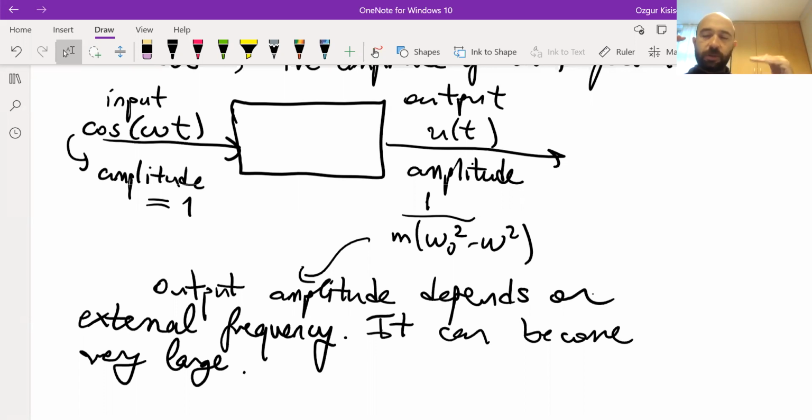Okay, but then there is this external thing coming, right? You could have different waves, like one wave and another wave much faster. The slower one has lower frequency and the faster oscillating one has higher frequency. They might have the same amplitude, right? The graphs may have the same height, but their frequencies are different. Although they have the same amplitude, they may have drastically different effects on the output because one frequency might be much closer to the natural frequency than the other.